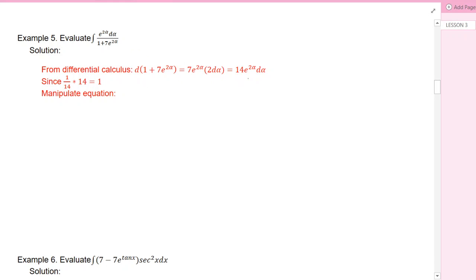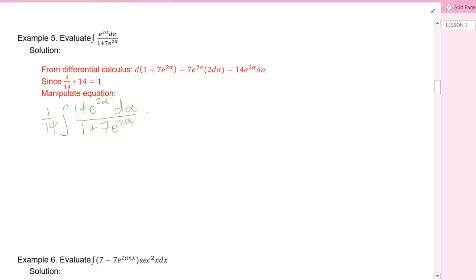Okay, so manipulating the equation, since the differential of the denominator is the numerator, let us use again your logarithmic rule. That is 1 over 14, the integral of 14e raised to 2 alpha divided by 1 plus 7e raised to 2 alpha.